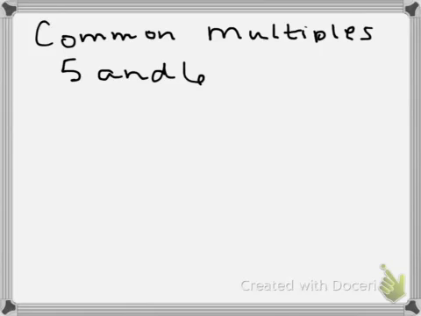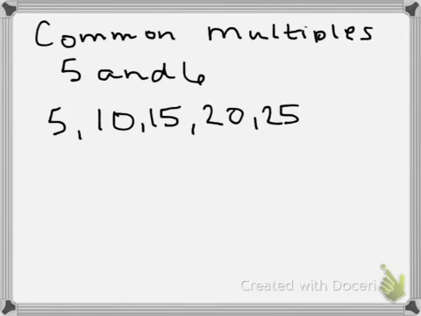In previous lessons, we were finding the common factors. We were listing the factors of all the numbers and finding which ones they have in common. Well, the same thing applies to multiples. So you need to find the common multiples of 5 and 6. I'm going to list the multiples of 5, which is I am multiplying, and then I'm going to start listing the multiples of 6.